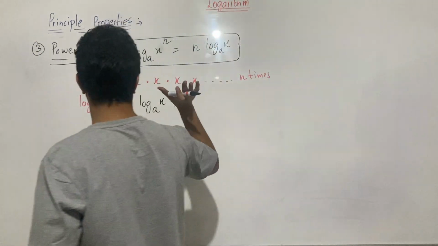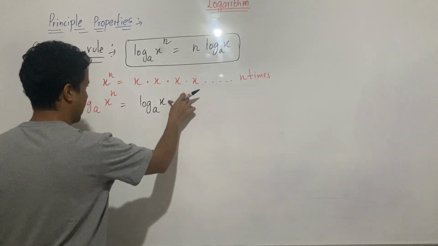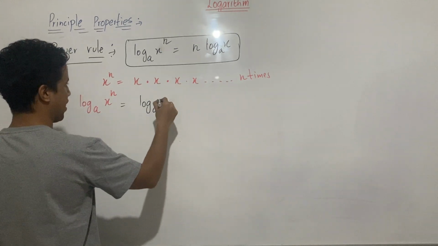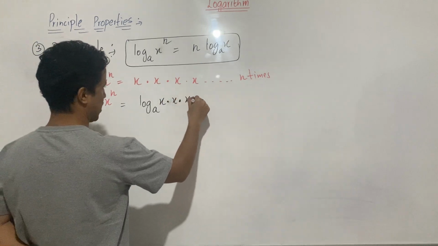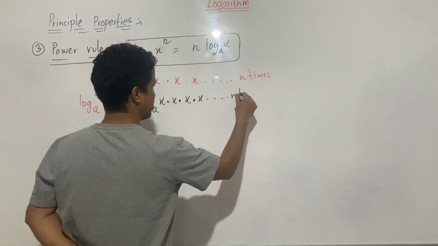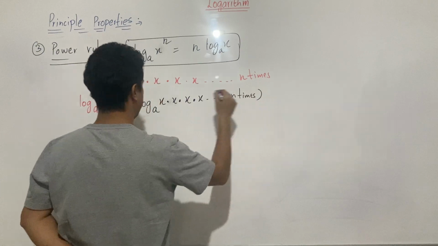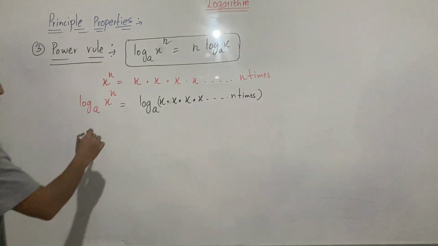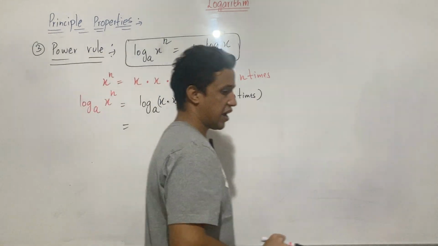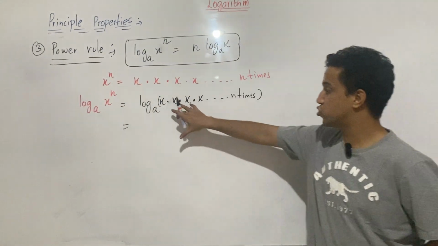Okay, see here, x^n, right? Here I can write x into x into x into x, n times. Okay, here you will have more clarity. Okay, this way.